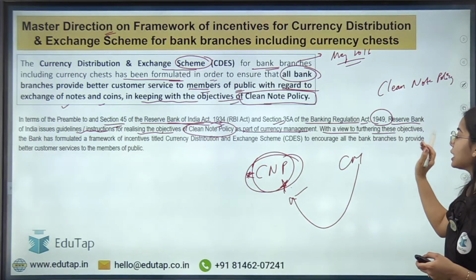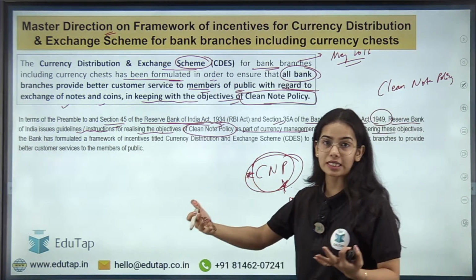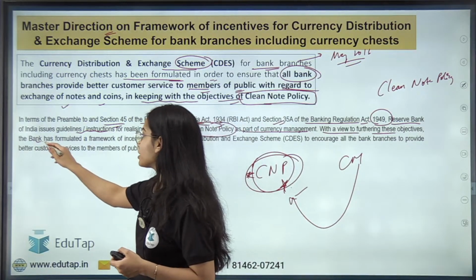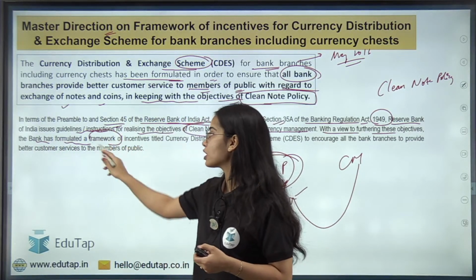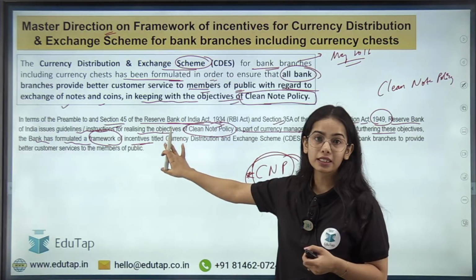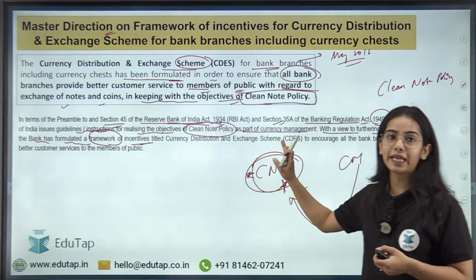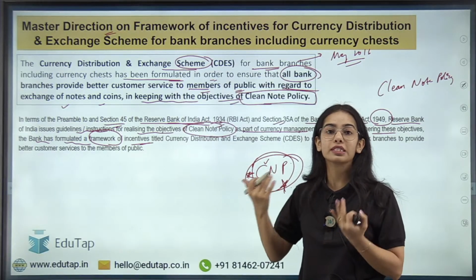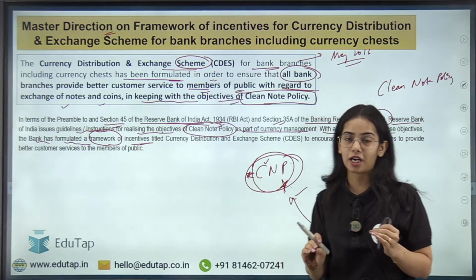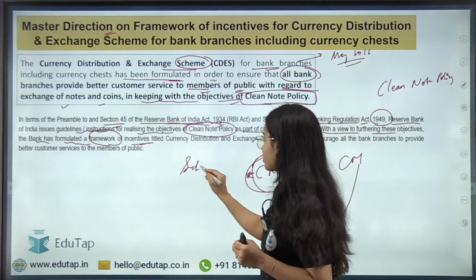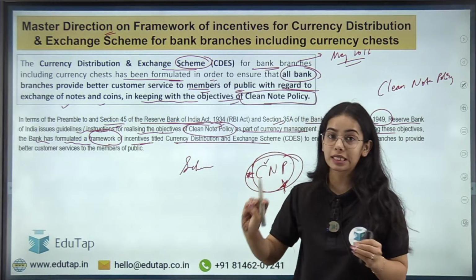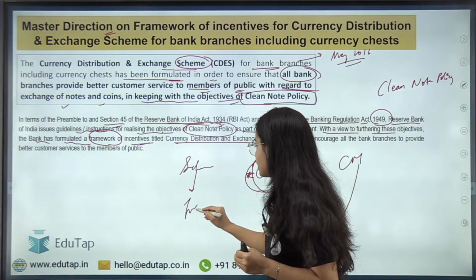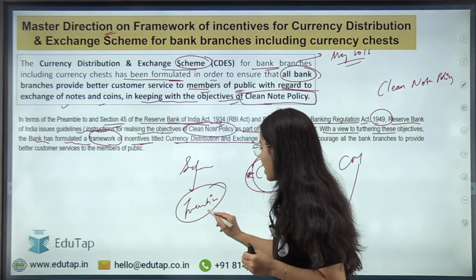With a view to furthering these objectives of the clean note policy and the currency management, the RBI has formulated a framework of incentives under the currency distribution and exchange scheme. Under this scheme, incentives are provided to the bank branches.